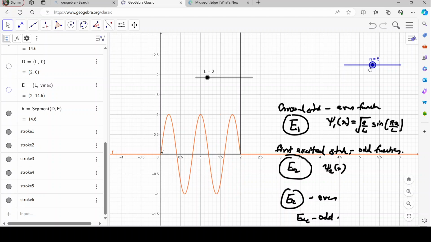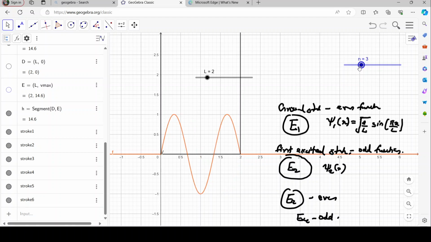Now the other aspect is, if you look at the n equal to 1 state, the wave function, there is no zero in between. So between the edges, between the boundaries, there is no zero point. But if you look at n equal to 2, we have one zero point. So there is one point with wave function zero, or one point with probability density zero.